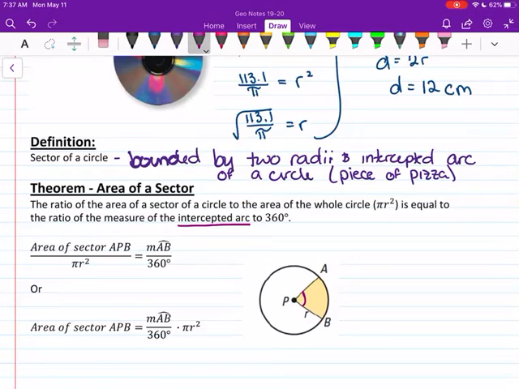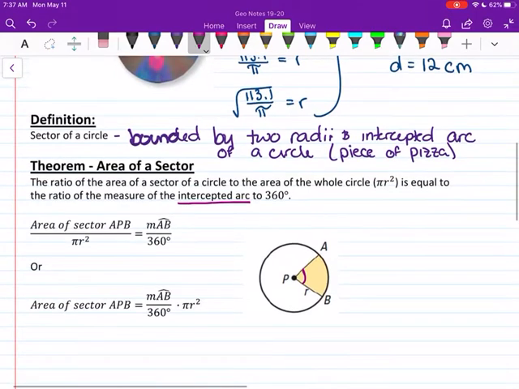If I wanted to solve for just the area of the sector, then the second equation: area of the sector equals the measure of my arc AB, remember that's just the angle, divided by 360 degrees times pi r squared, which is the area of the whole circle. Okay, so let's remind ourselves: measure of arc AB is equal to the measure of angle APB.